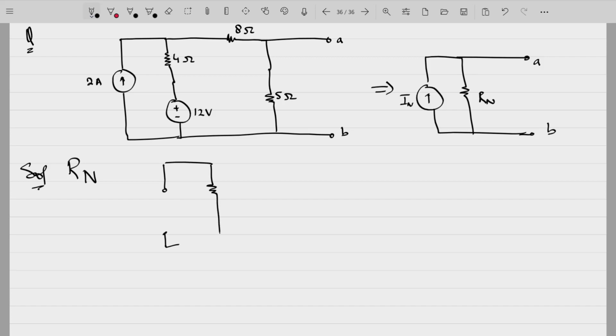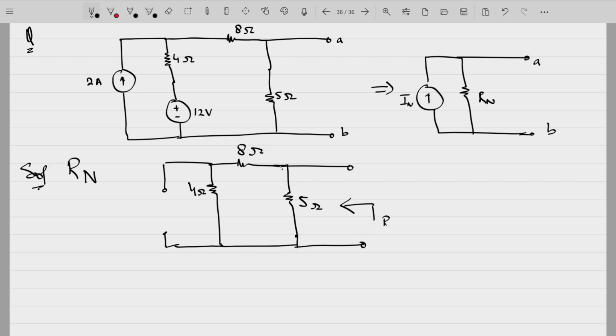You have a 4 ohm resistance here. There is 8 ohms here. There is 5 ohms here. You have to look into this circuit and find this equivalent resistance. So you can now neglect this portion of the circuit. So this is simply 8 and 4 in series.